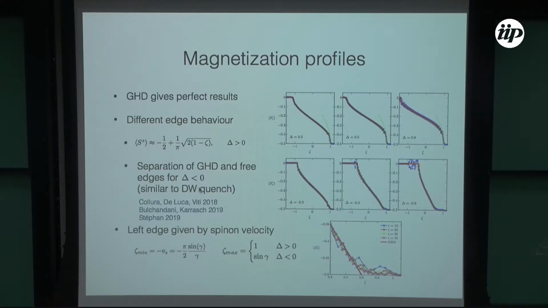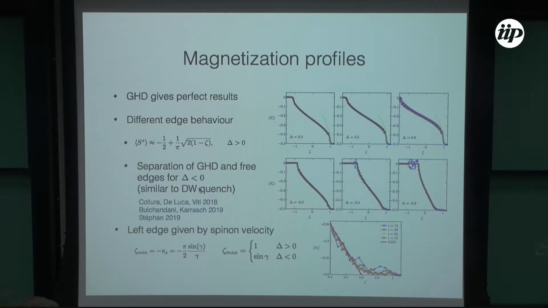For positive delta, you don't have to come up with any argument because there is no separation. The maximum velocity is 1, which is the magnon velocity. So there the interactions are repulsive, so they tend to increase the speed, but apparently due to this maximum in the bare velocity, this just agrees with the free magnon velocity.